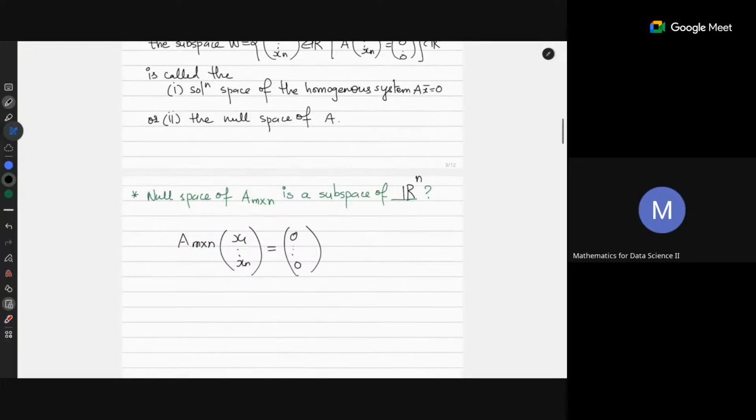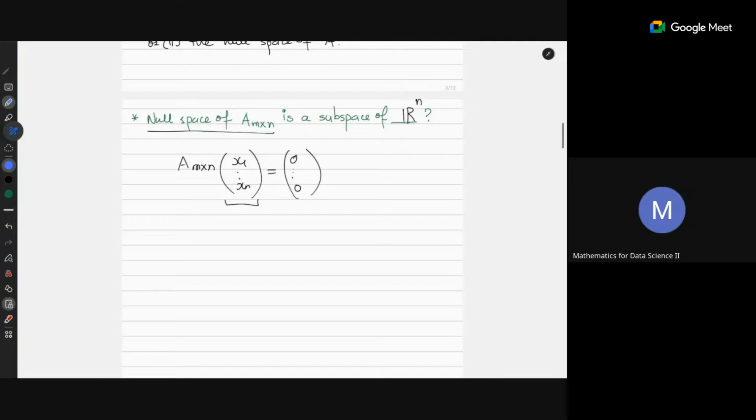Now, the solution set of this is nothing but the null space. So what is the solution? The solution set consists of vectors in Rn. All right, so null space is first of all a subset of Rn. Is that clear to all of you? Now let's see why it is a subspace also.